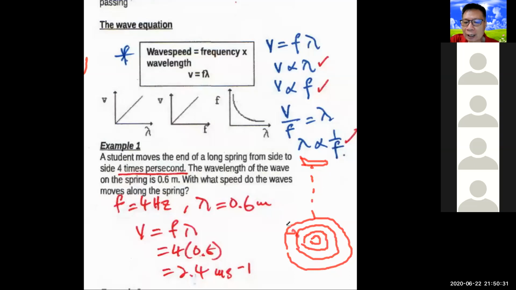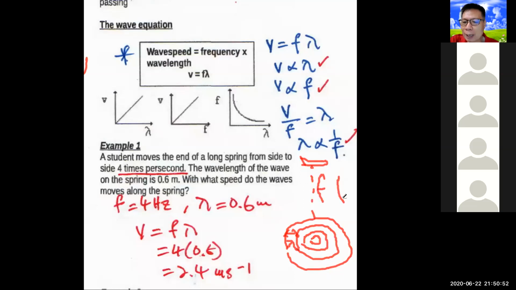Okay, actually now, this distance is a lambda. It is very hard to draw here, but this is lambda. When the water drips down very fast, this lambda will become very small, meaning the circles are very close. Lambda small. So when the water drips down very fast, it means the frequency is high.